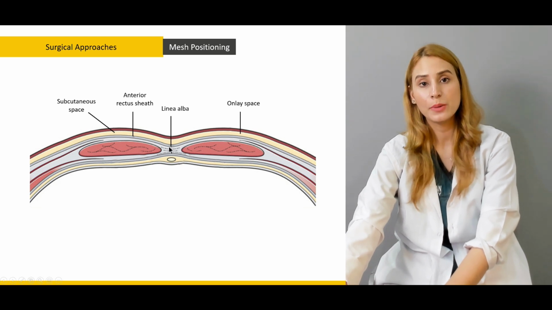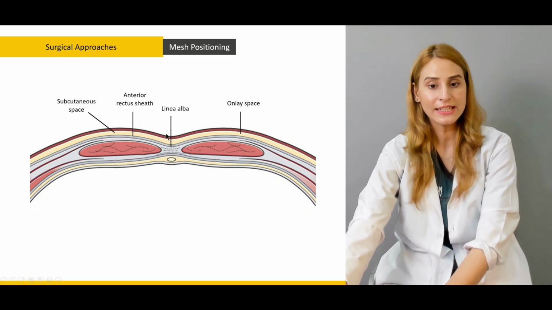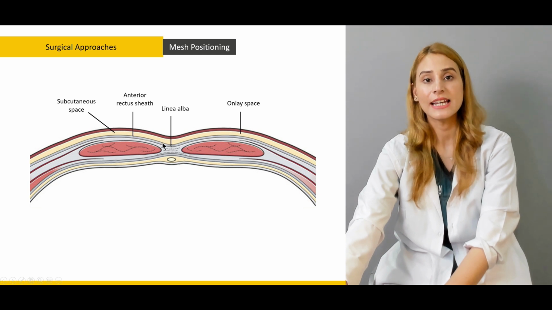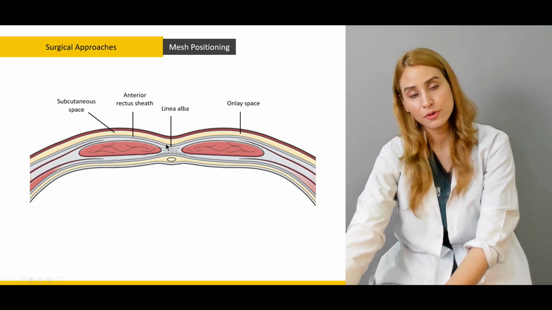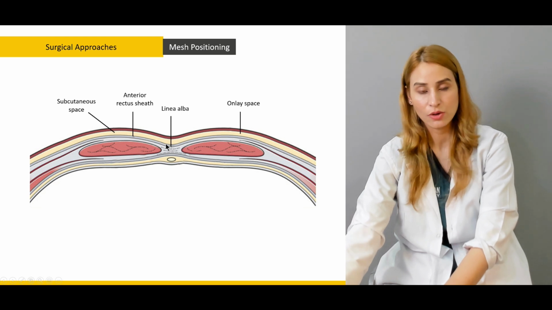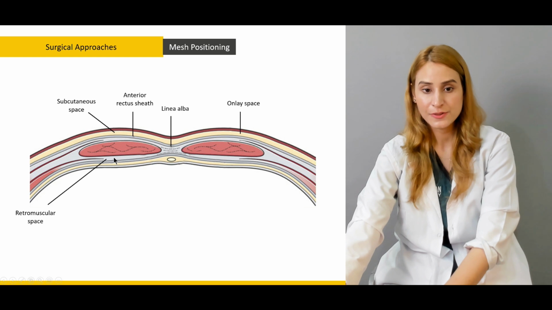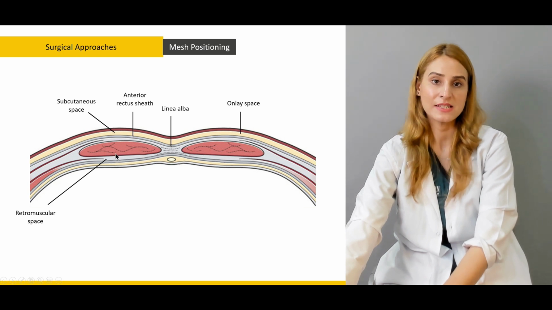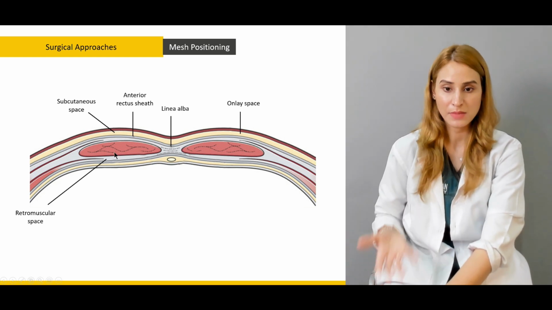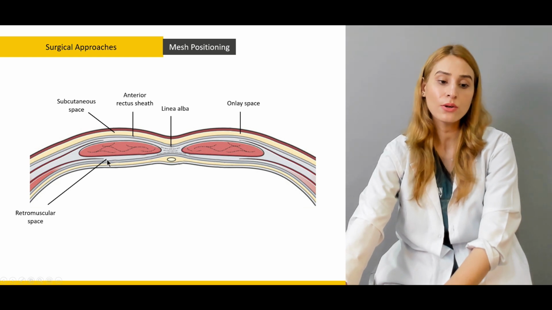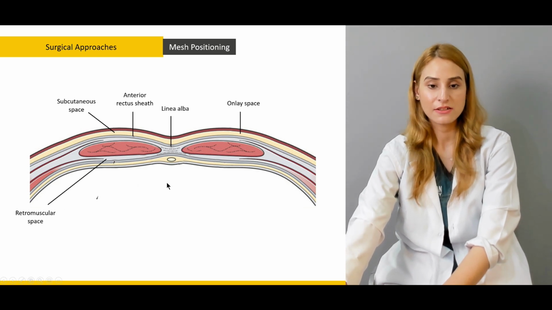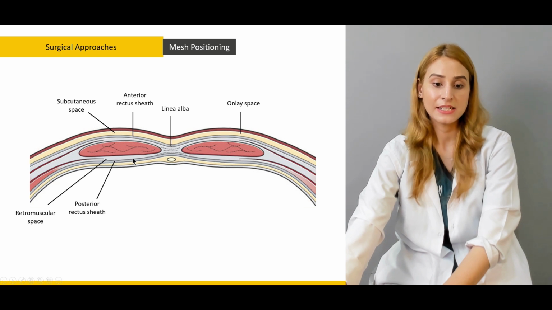And if you are placing this mesh in the linea alba, this is called the inlay approach, or inlay mesh or inlay space. And this is the retromuscular space. Retromuscular is the space behind the rectus muscle. So you can also place the mesh in the retromuscular space, in front of the posterior rectus sheath.